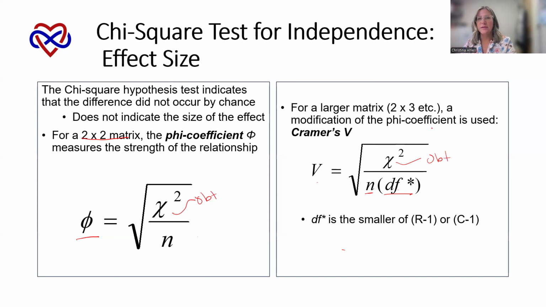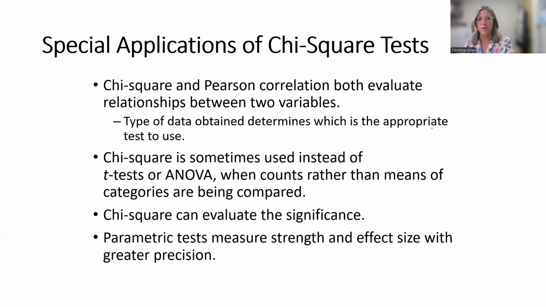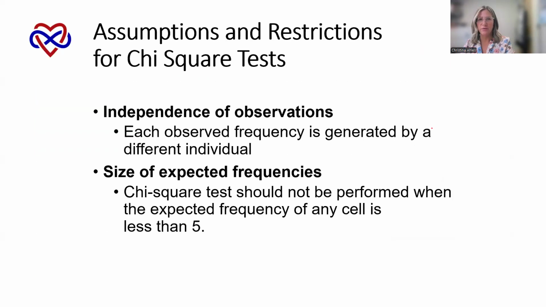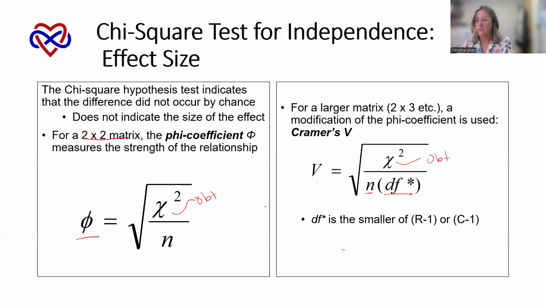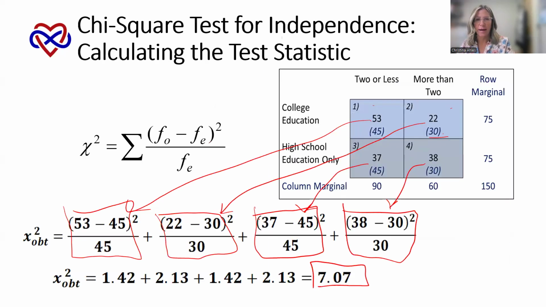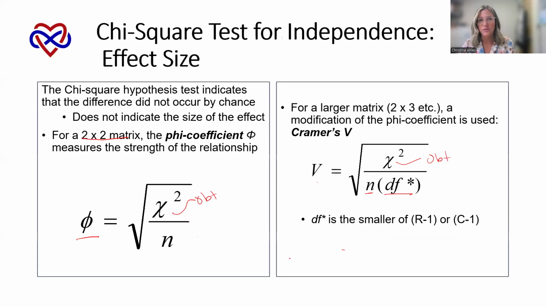Okay, so let's take a look at how that looks really quick. Oh, I didn't even give you results on that one. So let's go back. If we have 7.07, and remember we had 150, so we're going to use phi. It would be 7.07 divided by 150 under that square root.